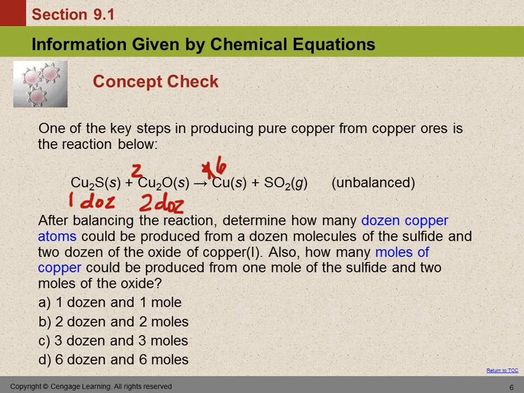So you use the coefficients, because they give us the relationships. So if a dozen of the sulfides and 2 dozen of the oxides react, it would give us 6 dozen copper atoms.